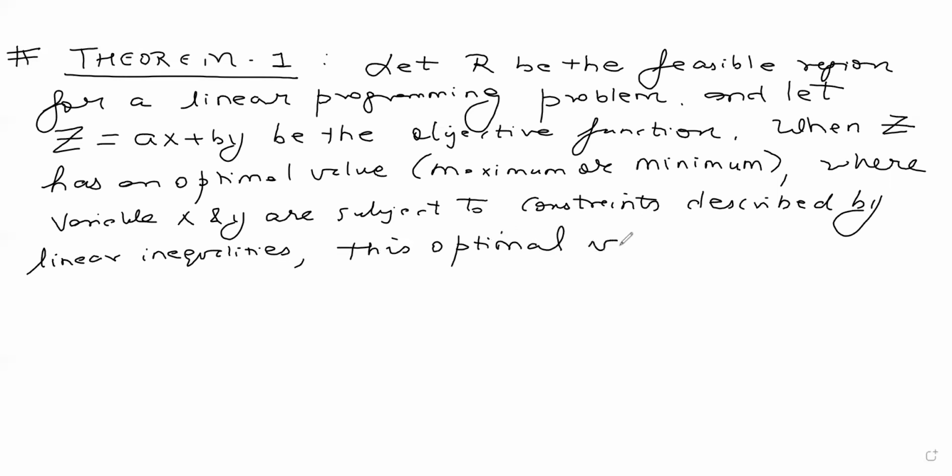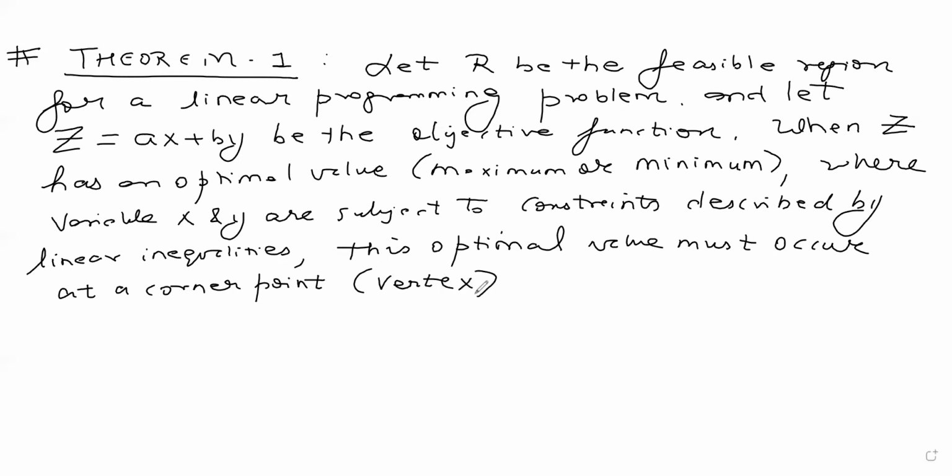This optimal value must occur at a corner point. Or I can say the corner point is also called the vertex of the feasible region. Okay, so this is the first theorem for this lecture.